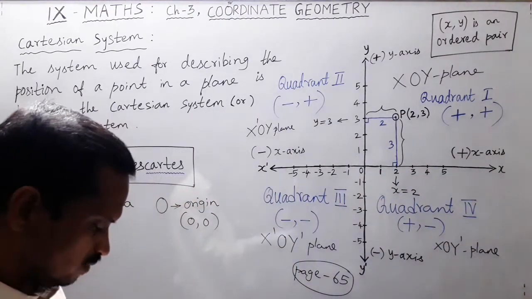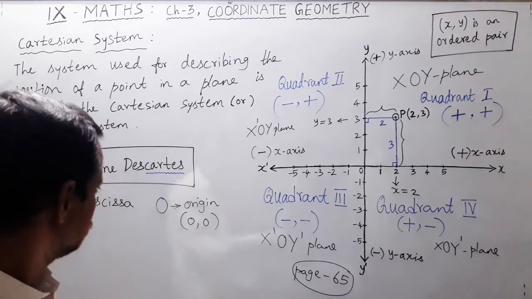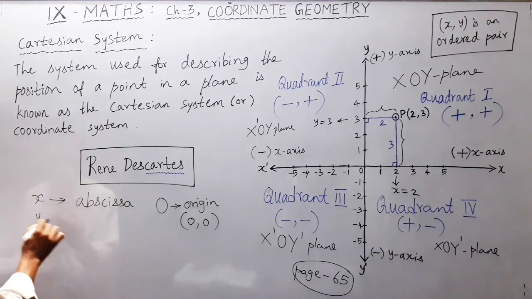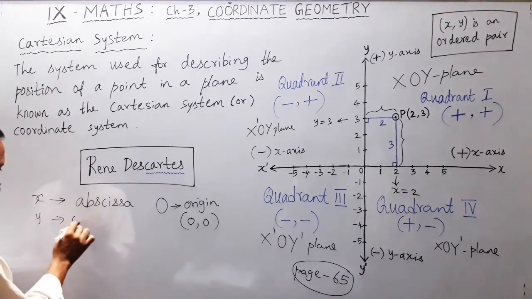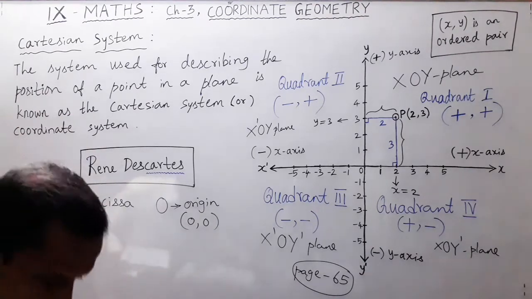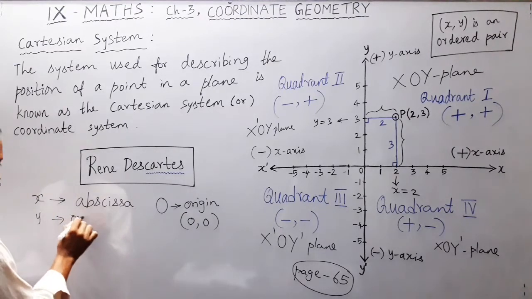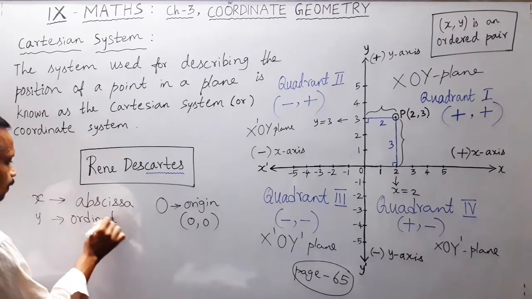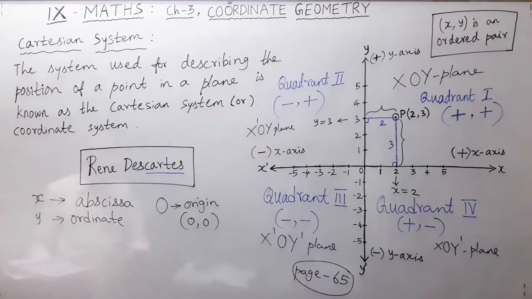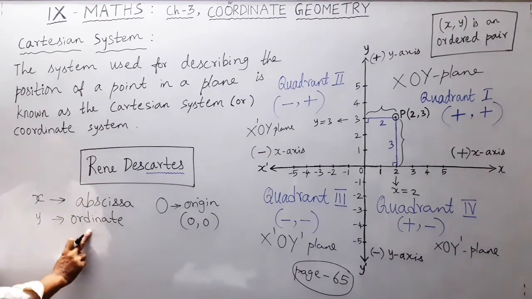And in point number 7, I told you x-coordinate means abscissa and y-coordinate means ordinate. Here, x-coordinate is otherwise called abscissa, and y-coordinate is otherwise called ordinate.